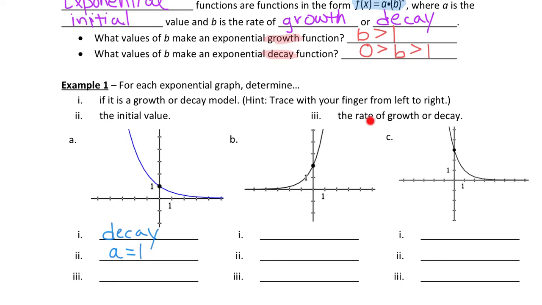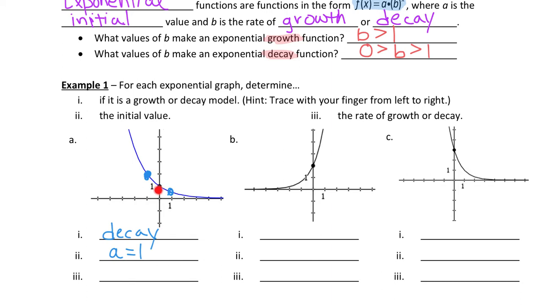Finally, it asks about the rate of growth or decay. So I need to figure out some extra points here. Either this point at -1 or this point at +1, I want to figure out what that value is there. My pen's not working, there we go. So if I wanted to figure this out, remember you take any value and you divide it by the previous value. It looks like right here, it's at 2.